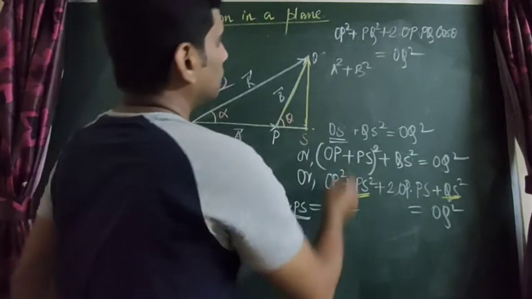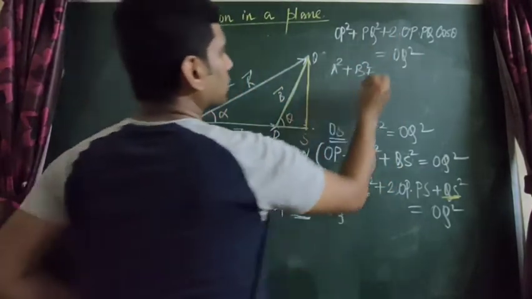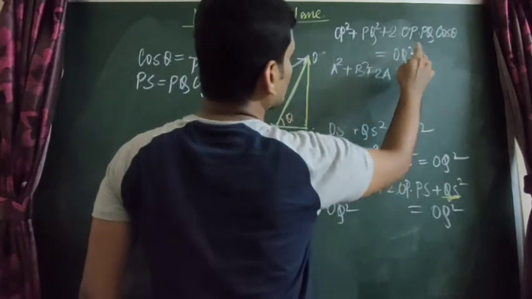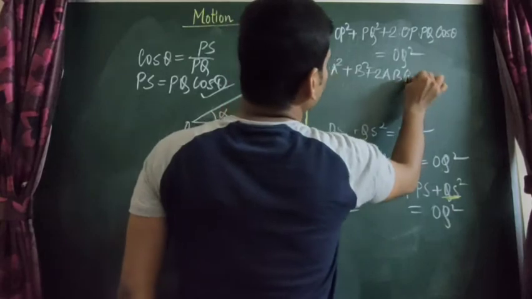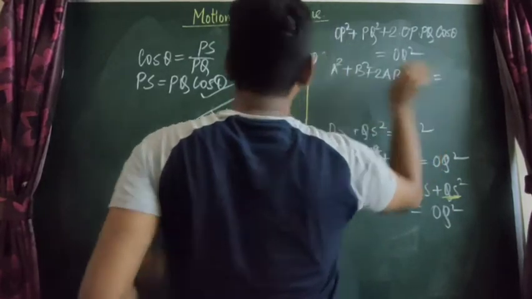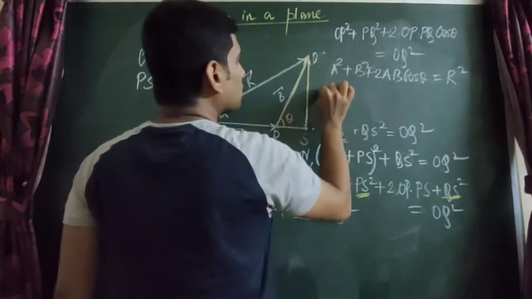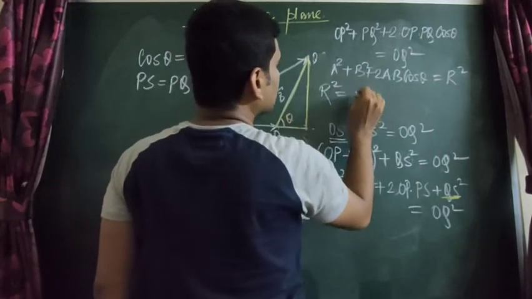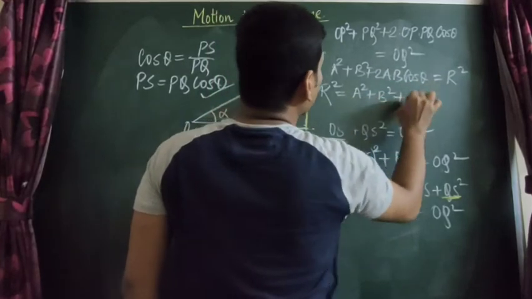So A square plus B square plus 2 into OP, which is A, into PQ, which is B, into cos theta equals OQ square, which means R square. So R square is A square plus B square plus 2AB cos theta.